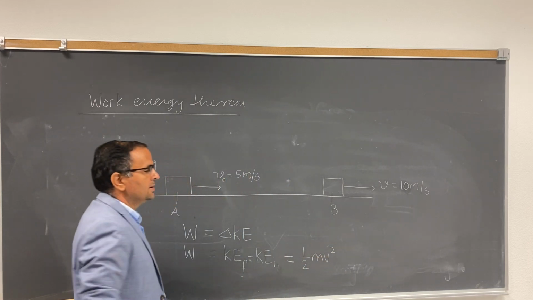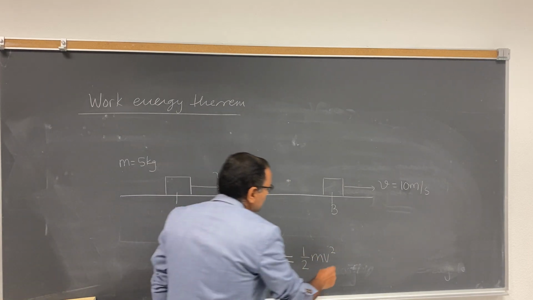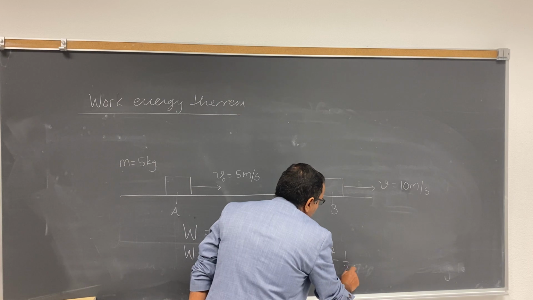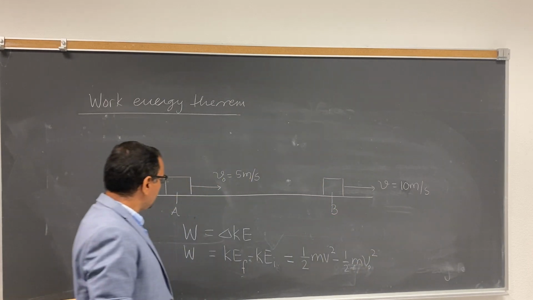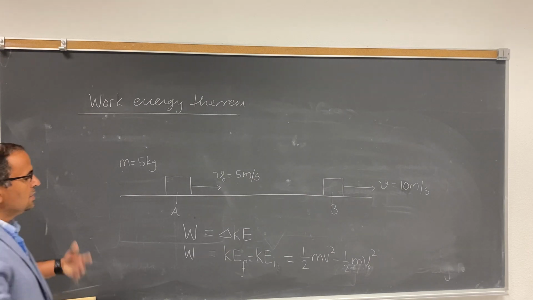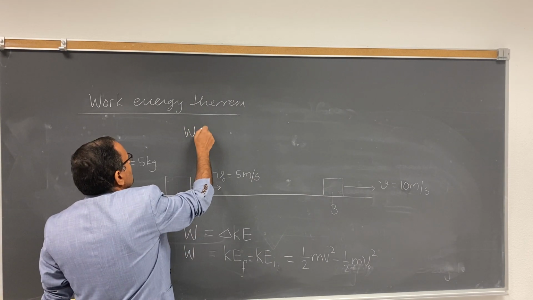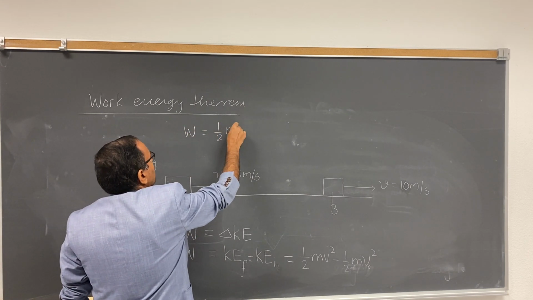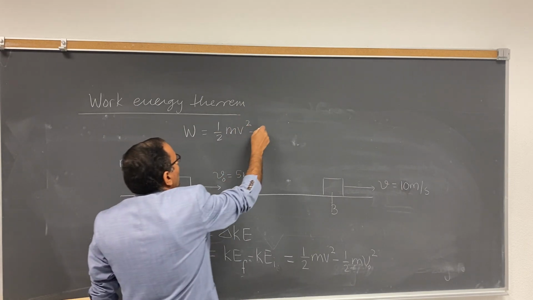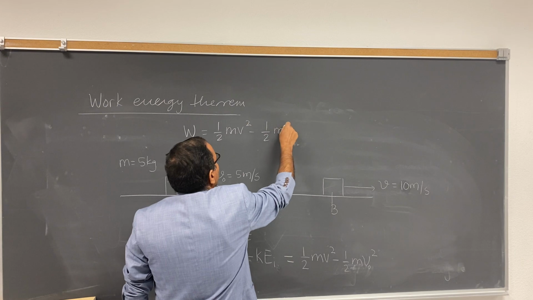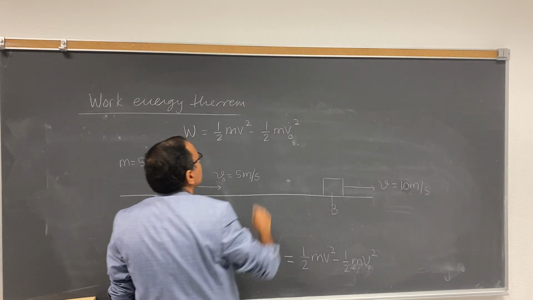This is your final kinetic energy, minus KE initial, which is 1/2 mv0 squared. Now you can calculate the work done. So the formula: W is 1/2 mv squared, this is your final kinetic energy, minus 1/2 mv0 squared, this is your initial kinetic energy.